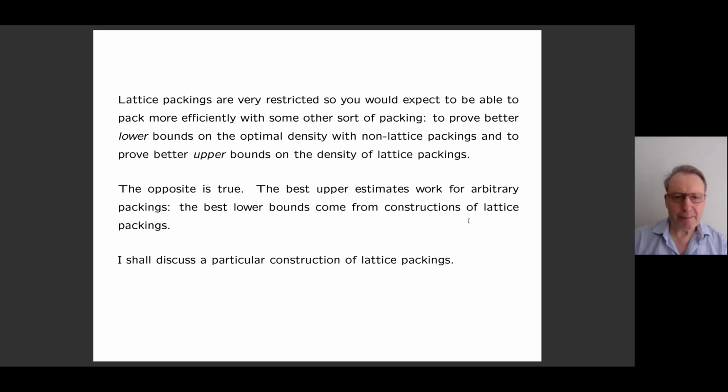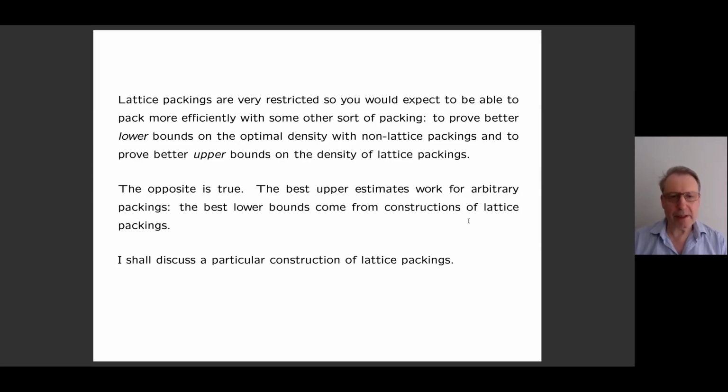In other words, the point is that it's hard to construct packings, and having a lattice packing actually gives you some help in constructing it, in describing it, because instead of having to describe billions and billions of the positions of billions and billions of spheres, you just write down your lattice and check that the different points of the lattice are far apart.